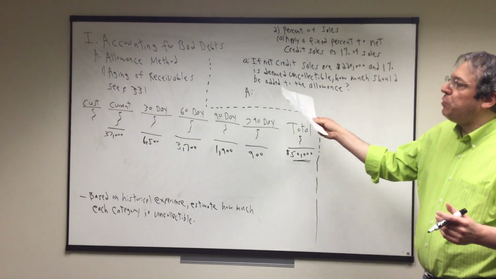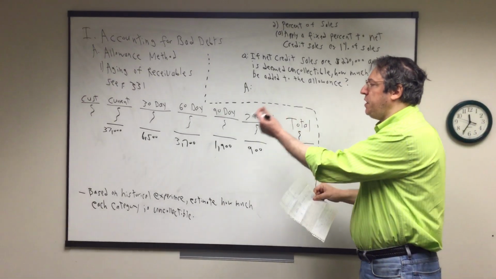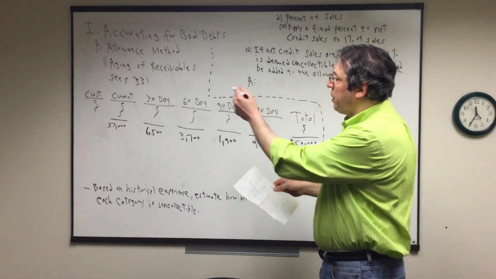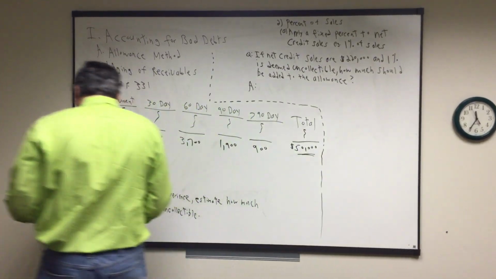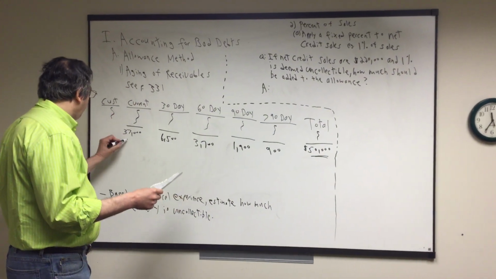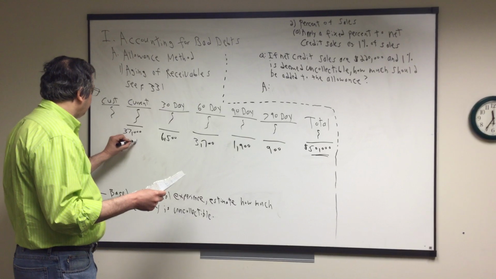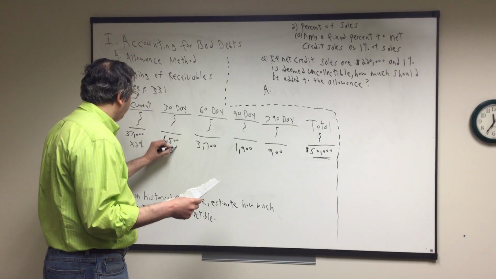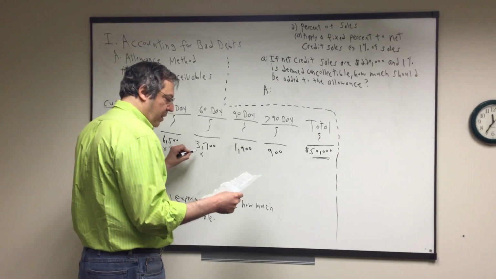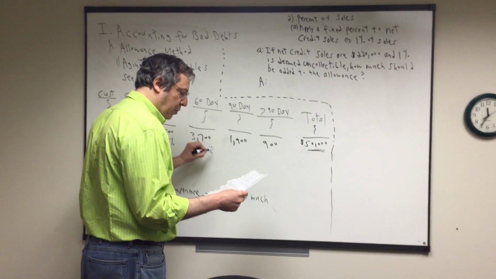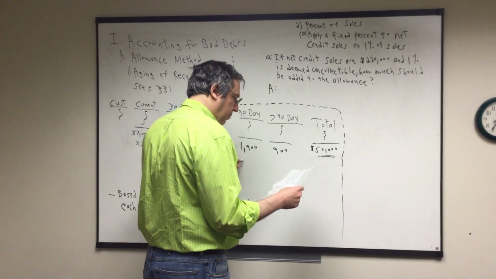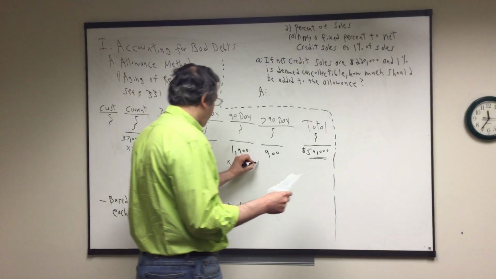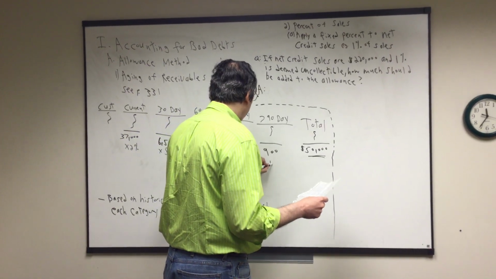And in the aging receivables method, all we're going to do is apply a percent to each bucket to determine our allowance. So if you look on page 331 in your textbook, you see they're applying for the current balance a 2% allowance, and then a 5% allowance here, a 10% here, a 25% for the 90 day, and then for the over 90 day, 40%.